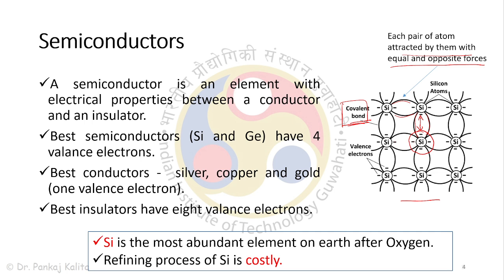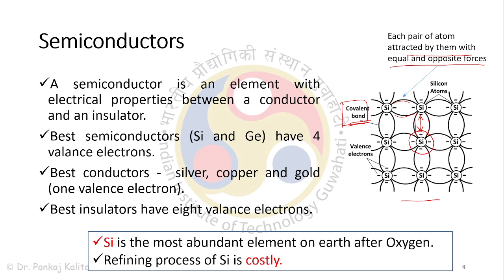In this lecture, semiconductor basics are again focused on. A semiconductor is an element with electrical properties between a conductor and an insulator, like silicon and germanium, which have four valence electrons. The best conductors are silver, copper, and gold, and the best insulators have eight valence electrons.